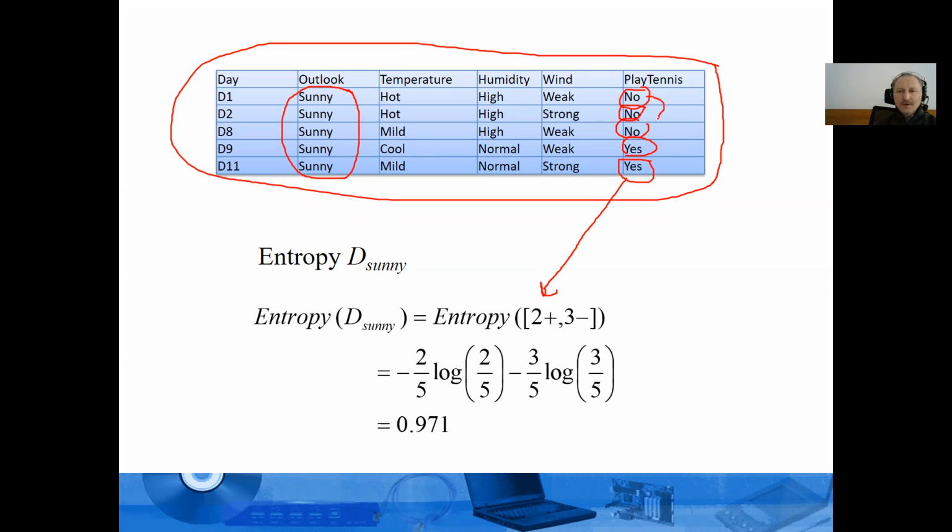You can plug these values into the entropy: probability of the plus class is 2 over 5, log 2 of 2 over 5. Don't confuse this, it is log base 2. The probability of the minus class is 3 over 5, log 3 over 5. The entropy of sunny is 0.9.